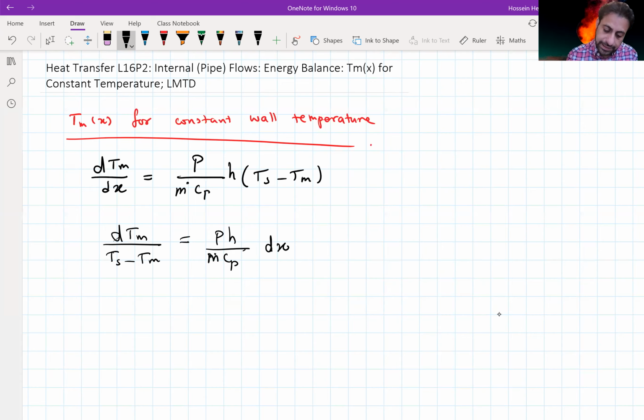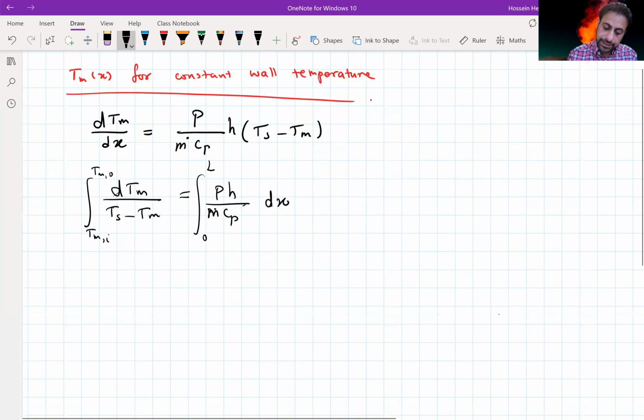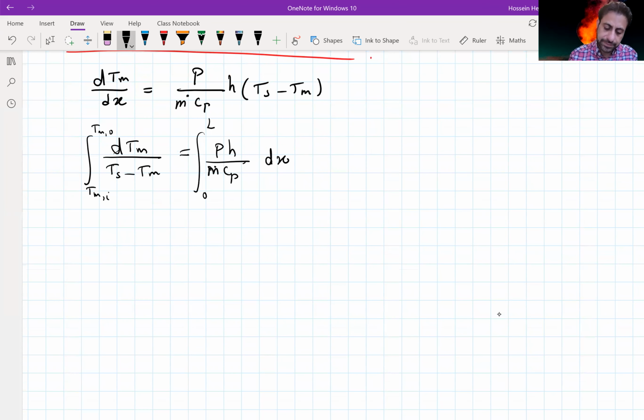And if I take the integral of this from the inlet Tmi to Tmo, and here from 0 to L, then the integral of the first term is going to be the log of (Ts minus Tmo) over (Ts minus Tmi) in the system.